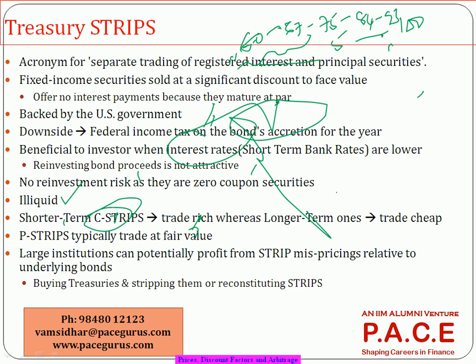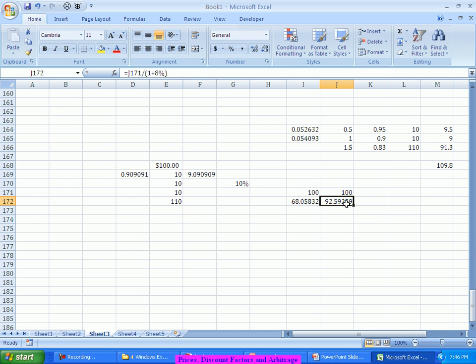And if there is any kind of mispricing based on the calculation of the interest rate, say it should trade at 92.59, but it is available at 93 or 92, companies will take advantage of it.